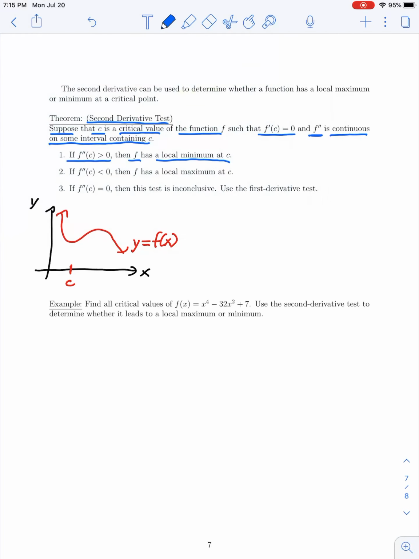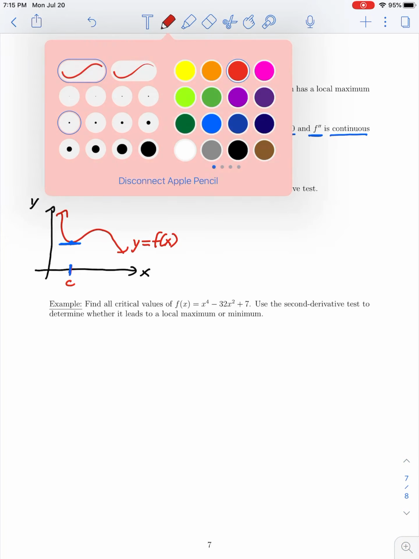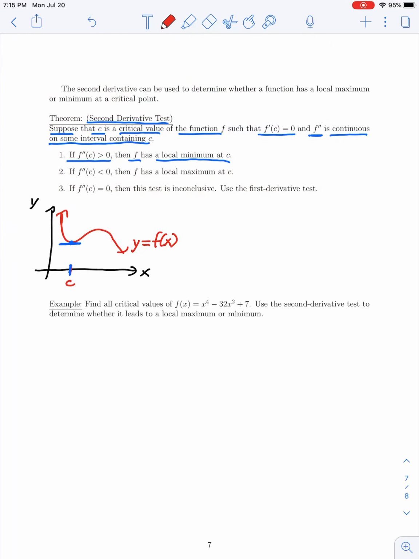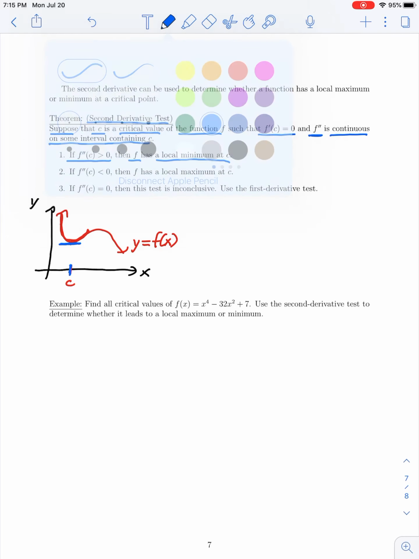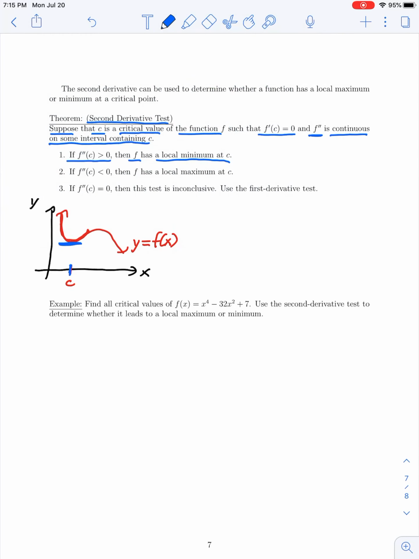That is where we would have a point on our curve with a horizontal tangent. So if, as part one of this theorem says, the second derivative of our function at that point, c, is positive, that means our function is concave upward there. It has this sort of upward opening bowl shape. Therefore, that critical value would be the lowest point on our curve.